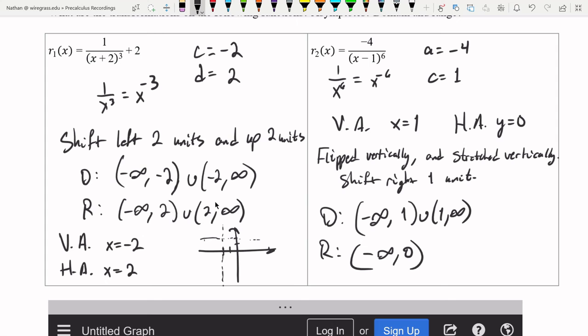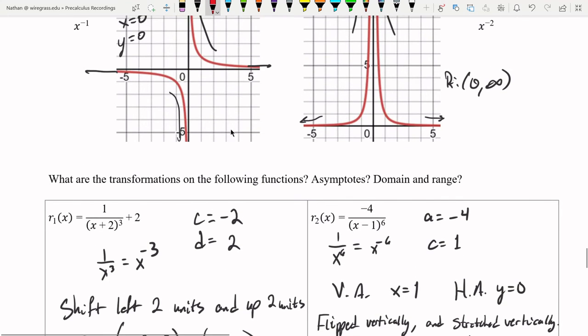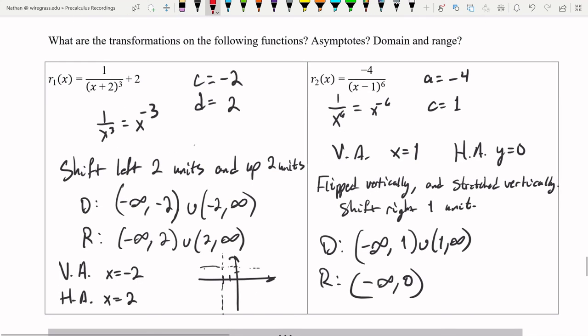It's not been flipped at all or stretched or anything like that. So it's going to be a lot the same as this one here, x to the negative 1. So I can expect it's going to be something like this. Goes off to the horizontal asymptote to the left and to the right, and off to the vertical one down and up.